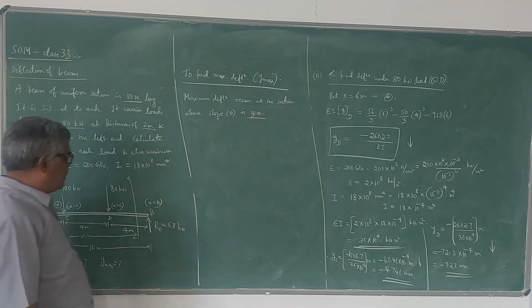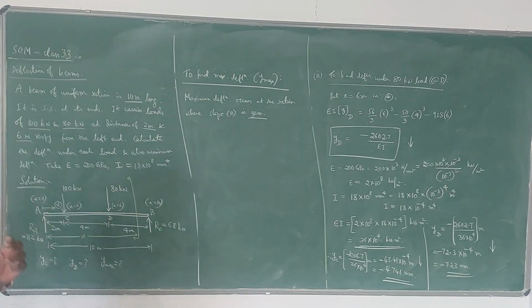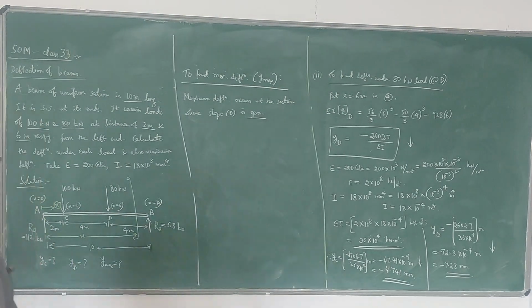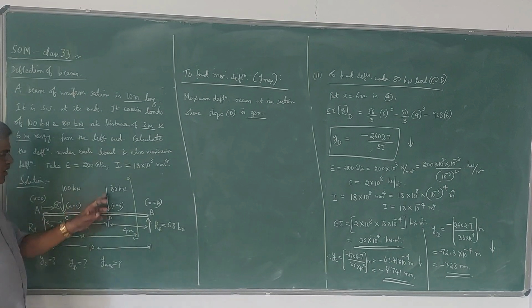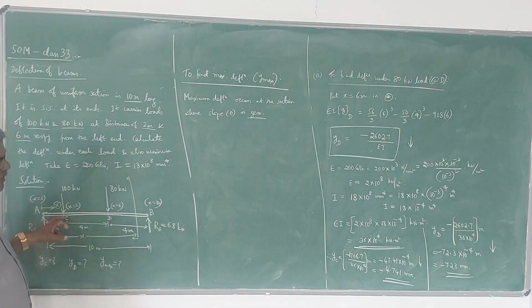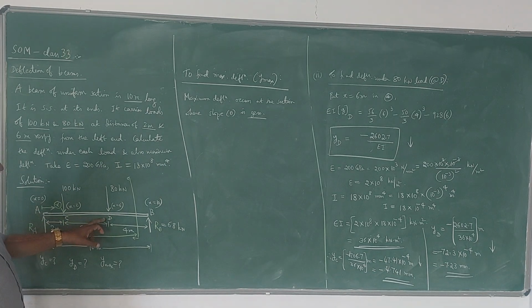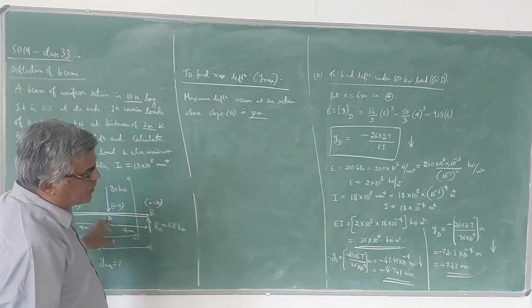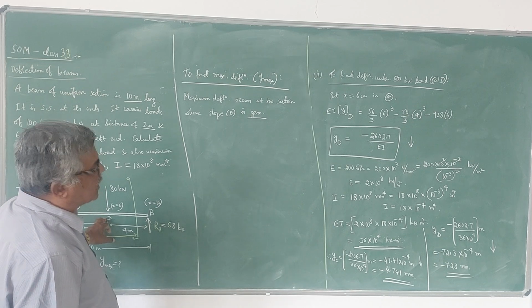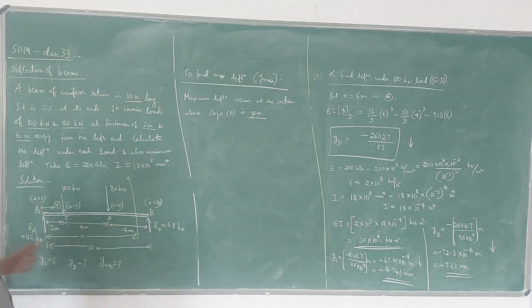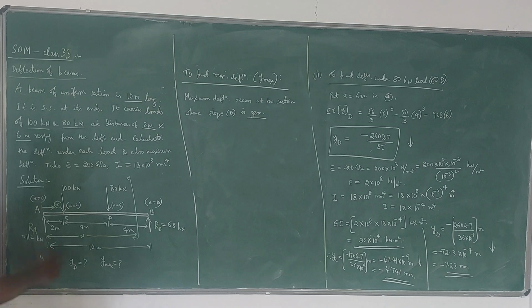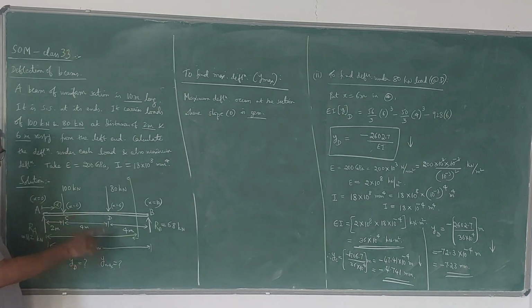In a case like this, there are two concentrated loads acting. Here the deflection is 4.741, and here the deflection is 7.23. Now we will assume that the maximum deflection occurs somewhere in between C and D.